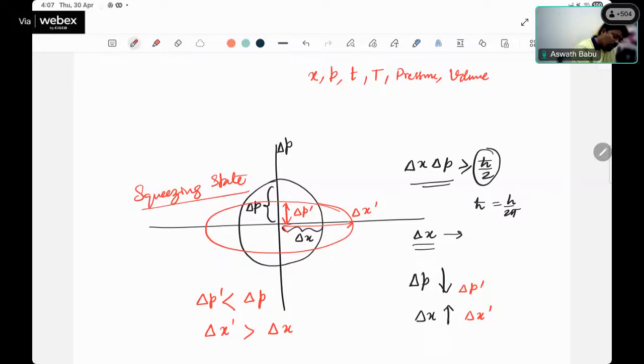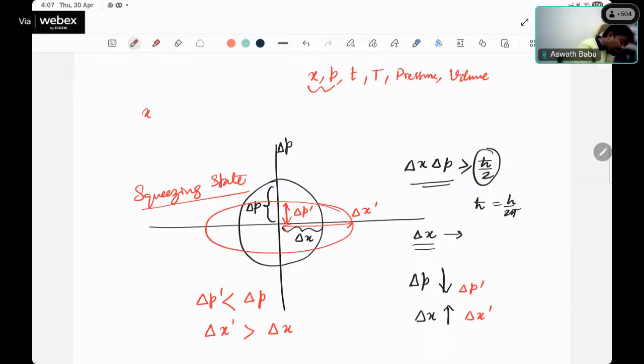Likewise, there are so many parameters to represent a given system. Usually it is represented by position and momentum. One of them I just compromise. I don't mind any error in it, but I want more accuracy in one of the cases. So P, I want more. I'll reduce the error in it and let the error go any amount in the case of the other.